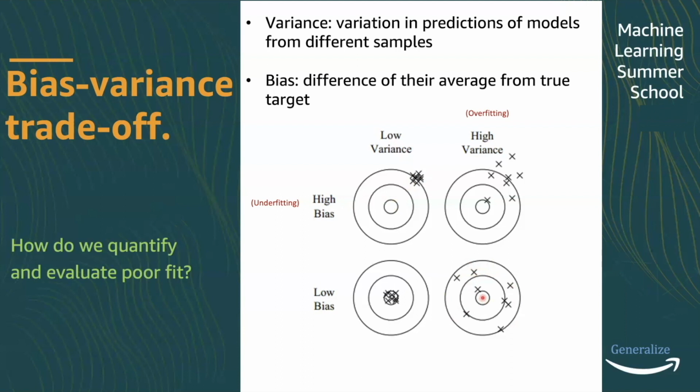Now, overfitting and underfitting are really just cases of high variance and high bias.